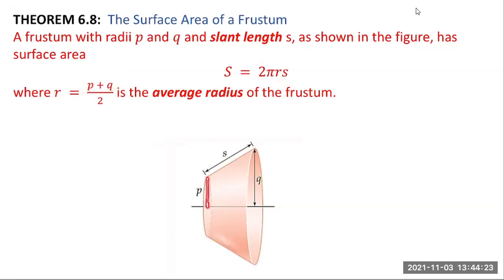Okay, you take the average of these two radii, P plus Q over 2. That's your r. And of course this S is the slant length. All right, I'm not going to prove this formula. Let's move on and see some applications of this theorem.